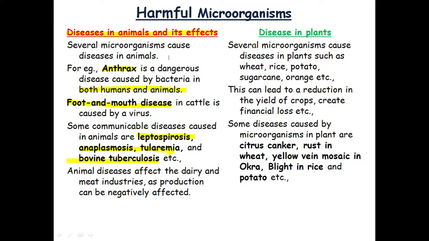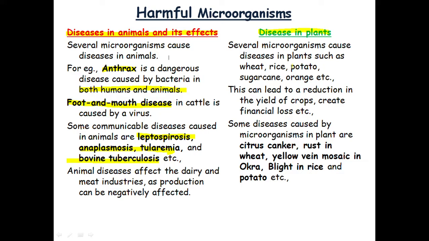Now next, several organisms cause diseases in plants. Now we see disease in plants also. India is mainly an agricultural country. We basically depend upon agriculture. Even in our villages or states, in India, they depend upon agriculture.